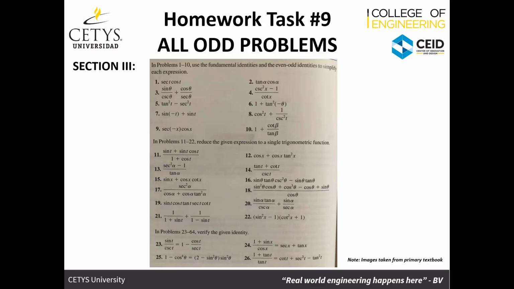So for this first set of problems, we're going to be using the basic identities, and the basic identities are sine, cosine, and tangent. And it also says to use the even-odd identities. Now, what do the even-odd identities mean? I'm going to switch over here to the PowerPoint of unit 2.